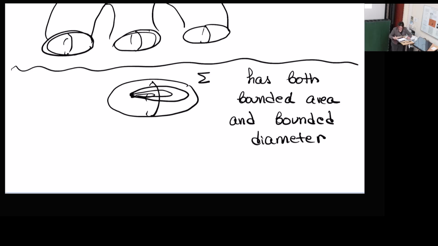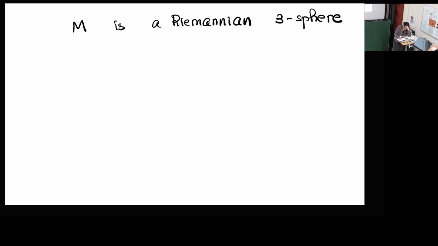So this is what we're going to do. Let's start. We know that M is a Riemannian three-sphere.